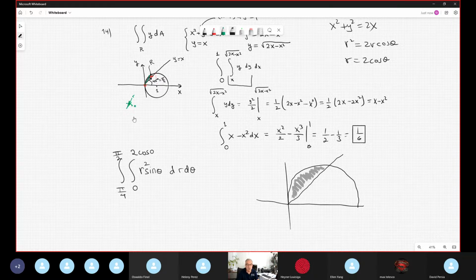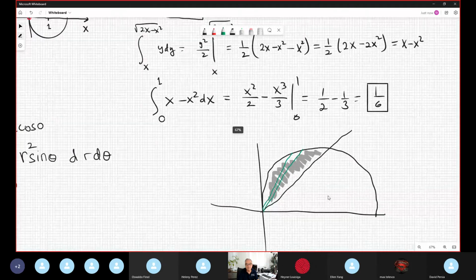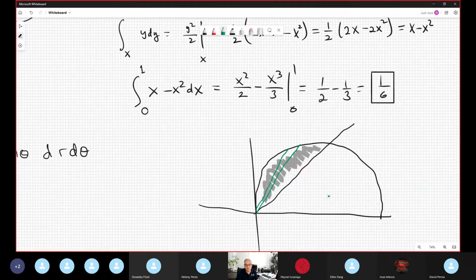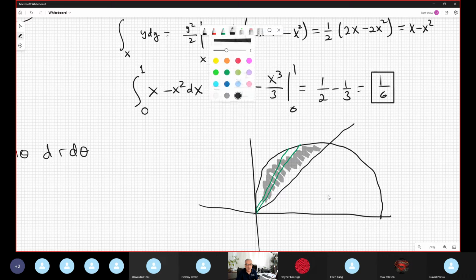I make a decision: integrate in polar. If I integrate in polar, my elementary piece looks like that, in green color.